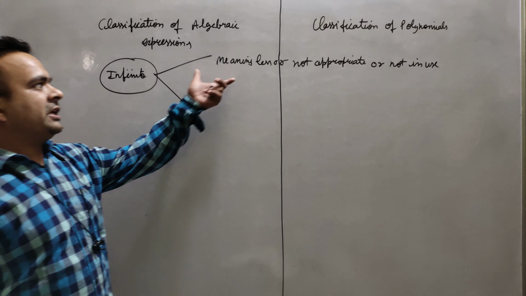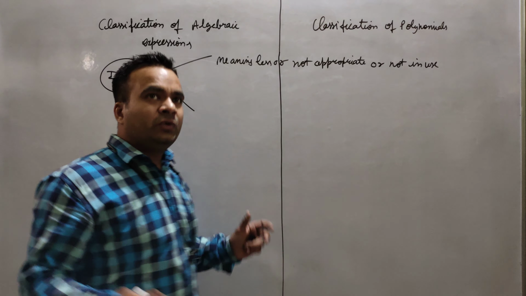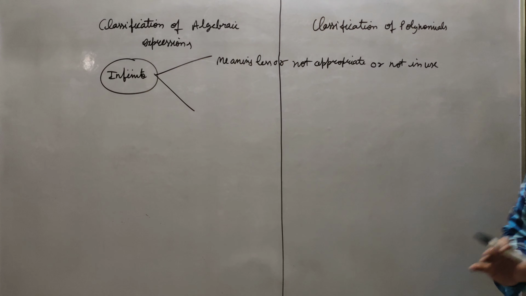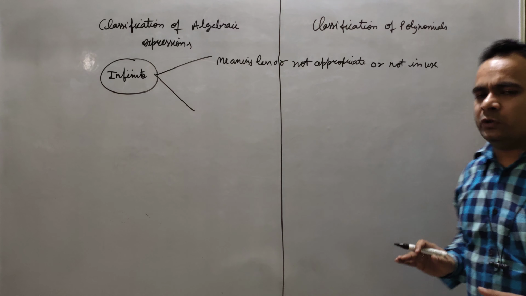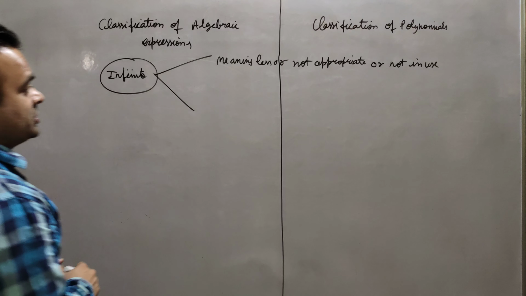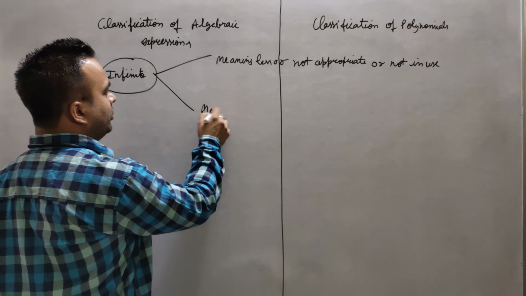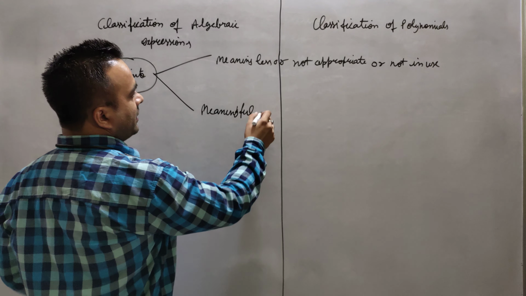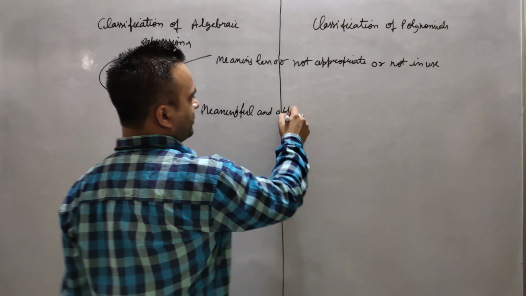Some algebraic expressions are never used and they cannot be used in any way because we cannot find the value, right? But there are some algebraic expressions which are actually meaningful, right, and appropriate.